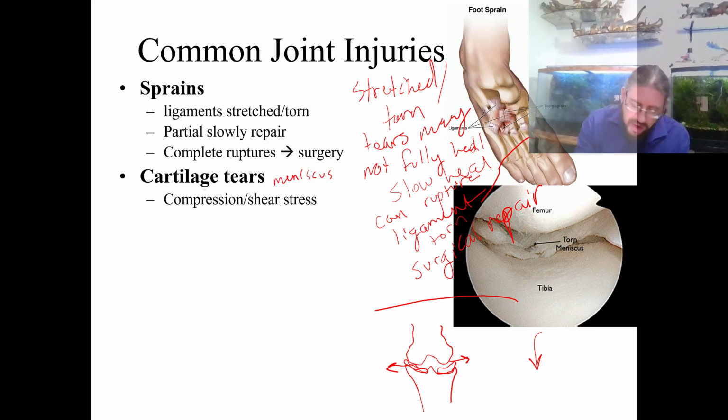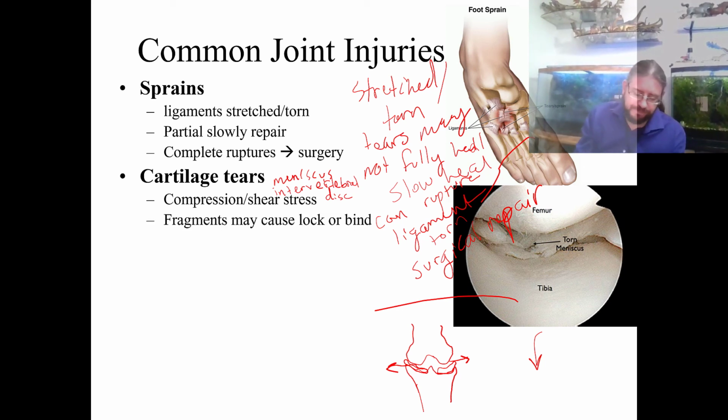Another big one, where it can be a huge problem, is cartilage tears in your intervertebral discs. A ruptured disc is a rip in that cartilage so that it doesn't properly pad the vertebra.